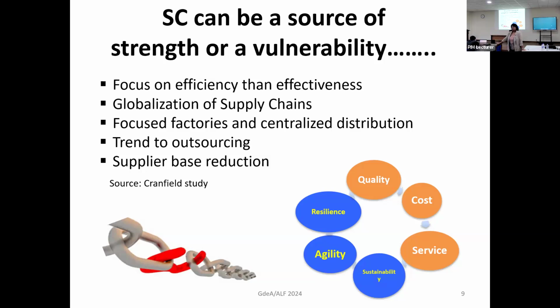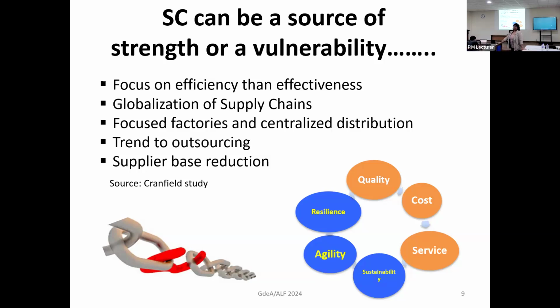In addition, in this chaotic world we live in now, we need to also look at how vulnerable your supply chain is and put measures in place to make it robust, right? Withstand all these pressures around us. And also you have to respond quickly to the demand in the marketplace by being agile. And also you have to take note of the sustainability issues that we are having.